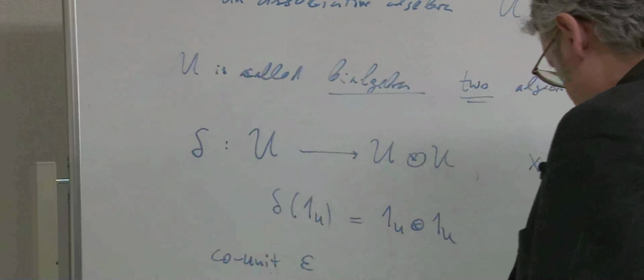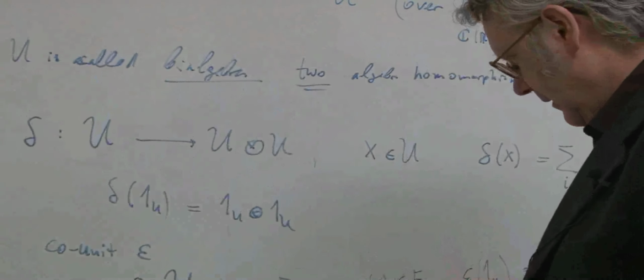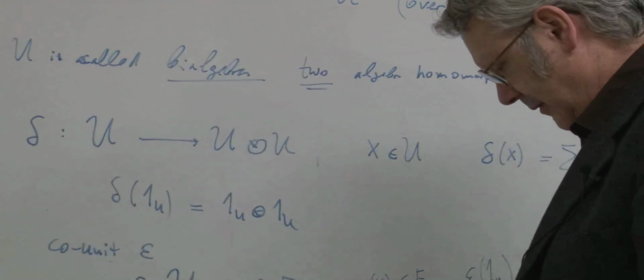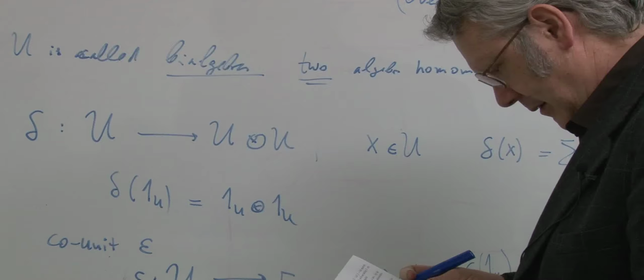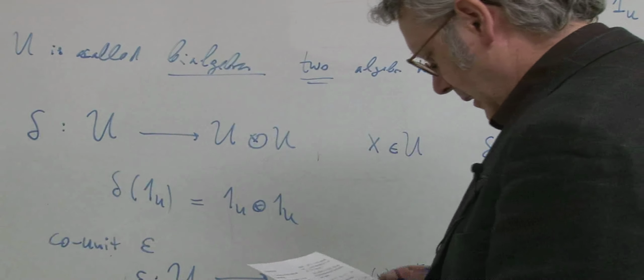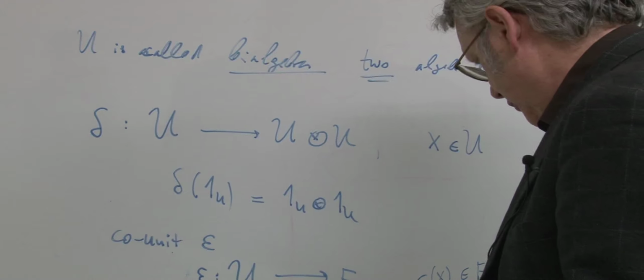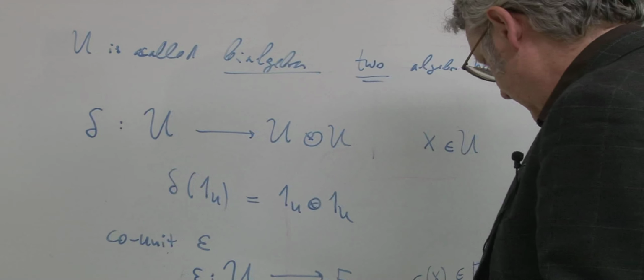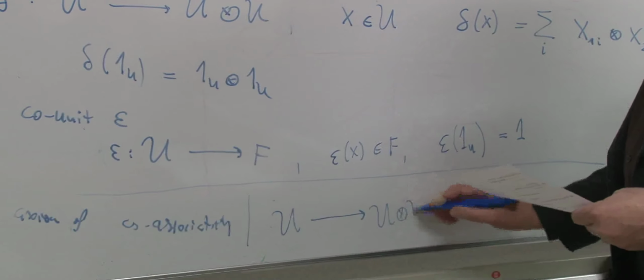And here the co-associativity means the following. I'm now working starting from U and going to the triple tensor product of U.